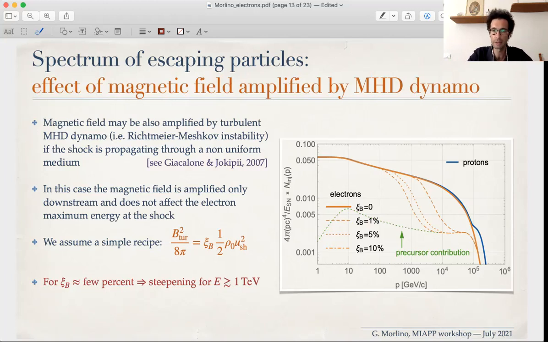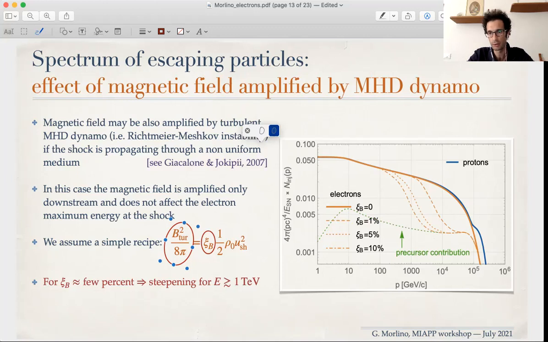On the right side, you see a plot showing again a difference between the proton spectrum and the electron spectrum. For this mechanism, we have made a very simple assumption. We assume that some fraction xi_B of the incoming energy flux of the shock is converted into magnetic turbulence, again in the downstream. This xi_B should be of the order of a few percent.